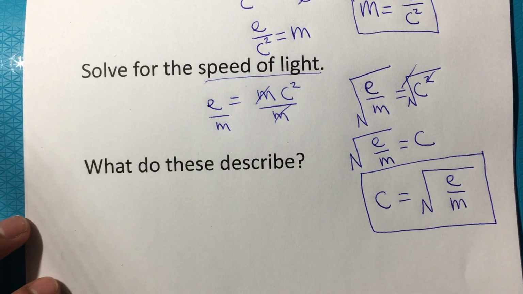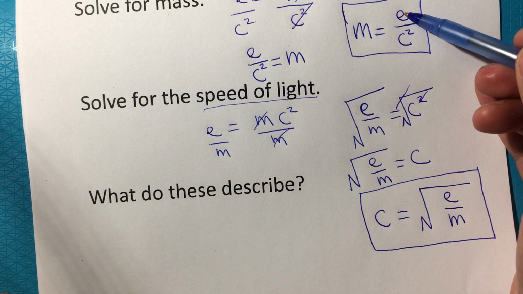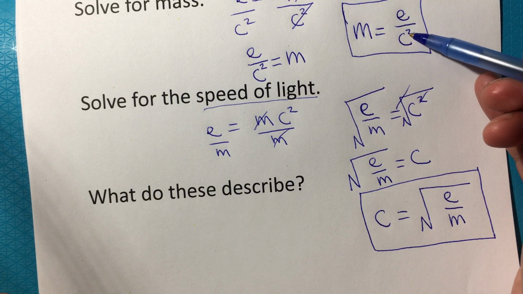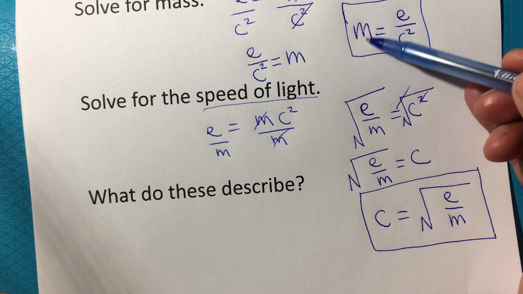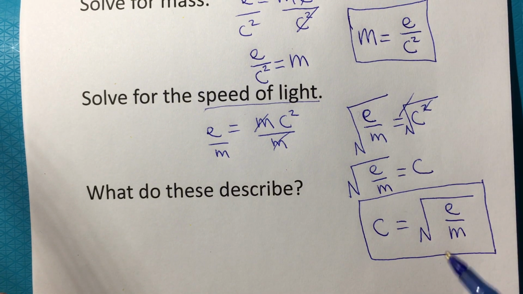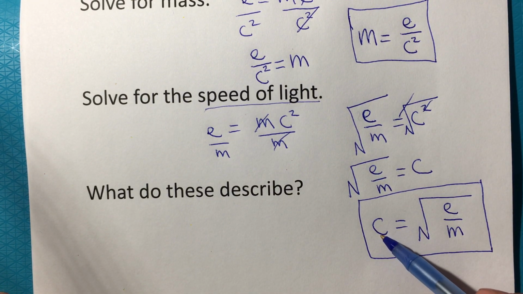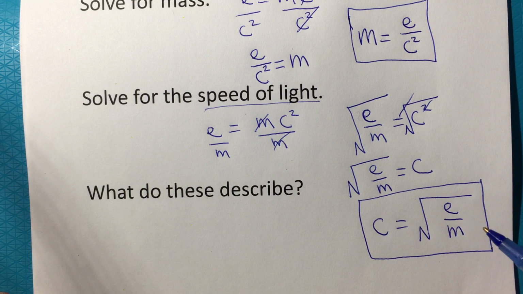Okay, now what do these describe? For the first one, you have the energy and you have the speed of light, and you just square it, and that will help you find the mass. For this one, you're missing the speed of light, but you have the energy and the mass.